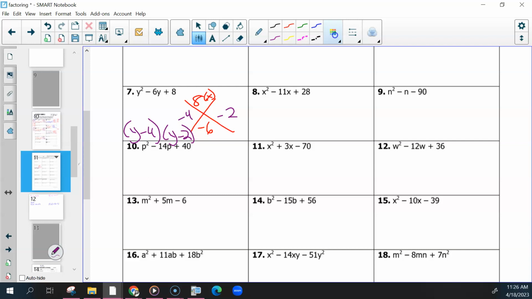Let's try 11. 70 is a bigger number, so you may want to list off the factors or use your calculator. Start dividing by 1, by 2, by 3, keep going. Matthew, are you doing this on your calculator?